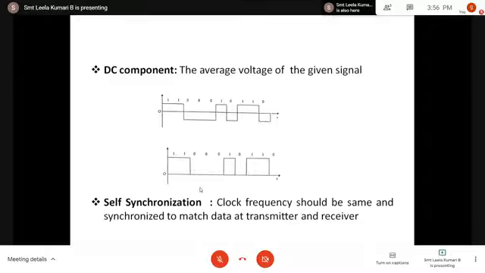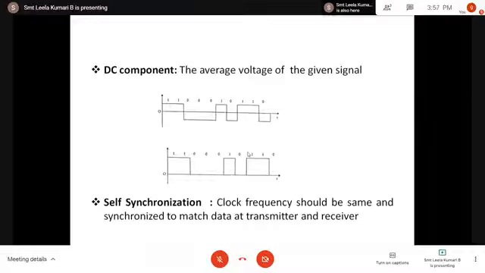Next one is self-synchronization. This is another characteristic of line coding. If the receiver bit intervals correspond exactly to the sender's bit intervals, only then is it possible to receive the signal correctly. That means the clock frequency of transmitter and receiver should be the same.